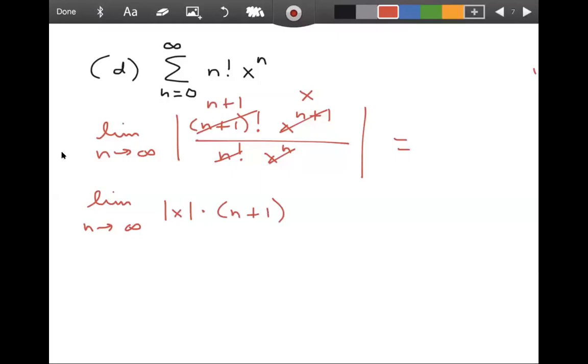So when you multiply a fixed number times n plus 1 and let n increase without bound, that limit is going to be infinite unless, well, put it this way. It's going to be infinite unless x is 0. And if x is 0, then the limit is going to be 0.